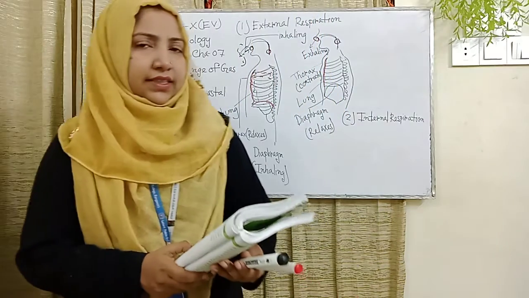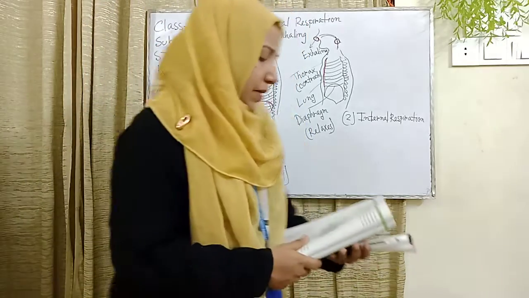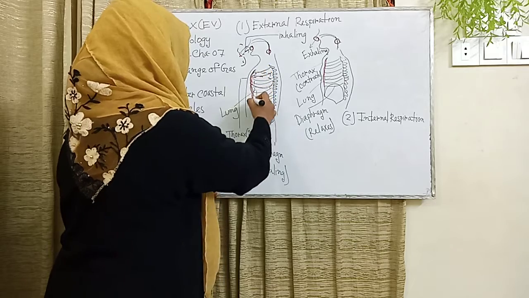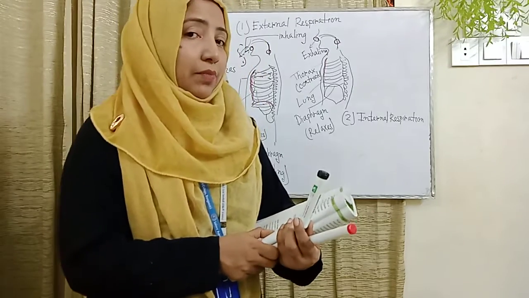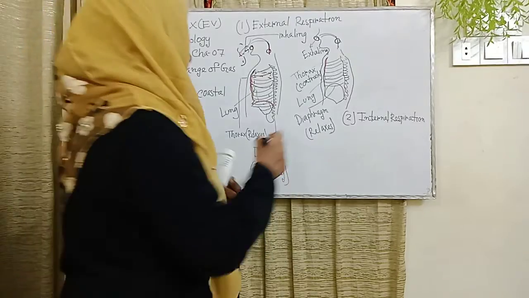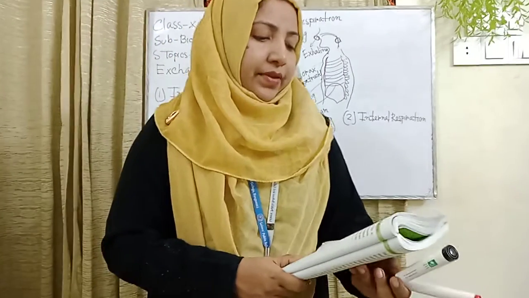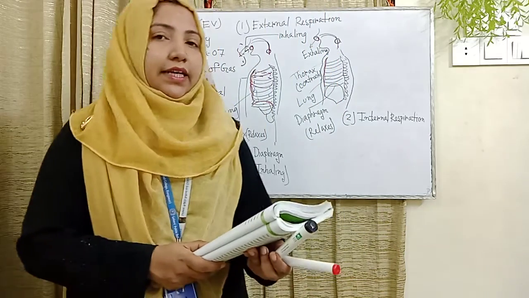After the contraction, the muscles relax, allowing the diaphragm and thorax to return to the normal position. So the air pressure increases.